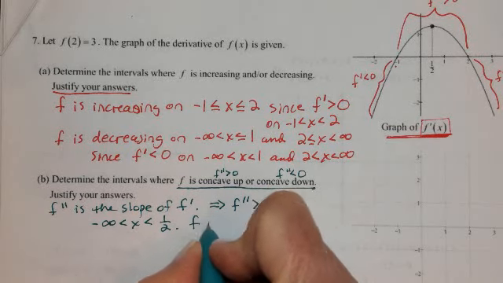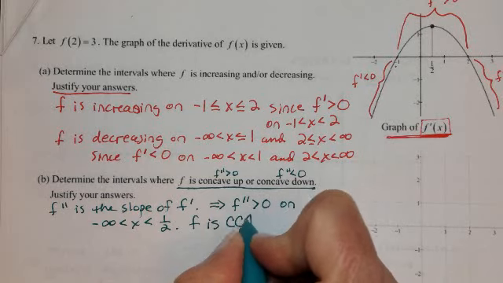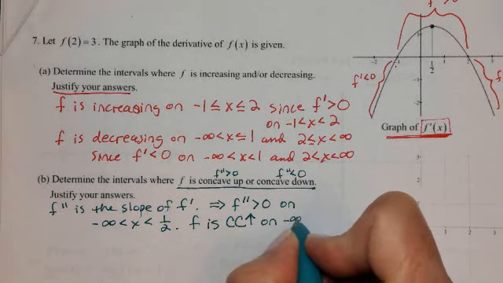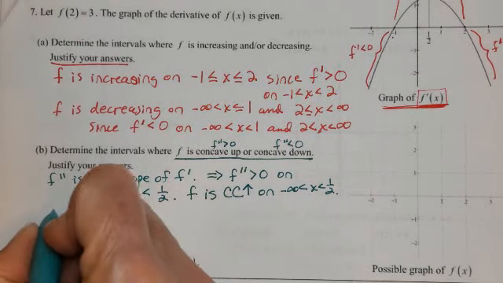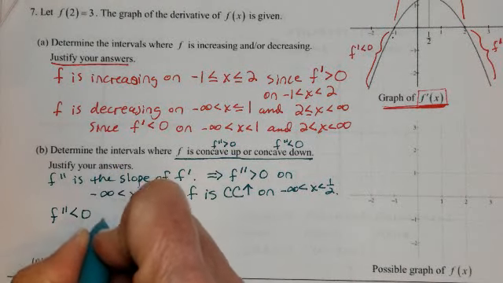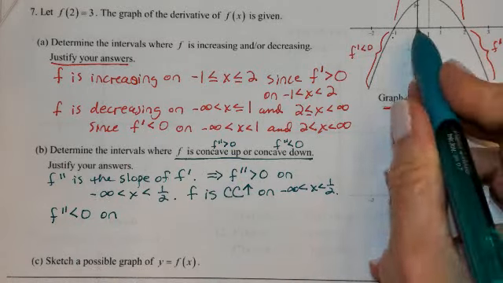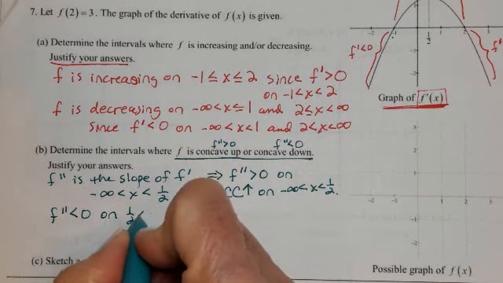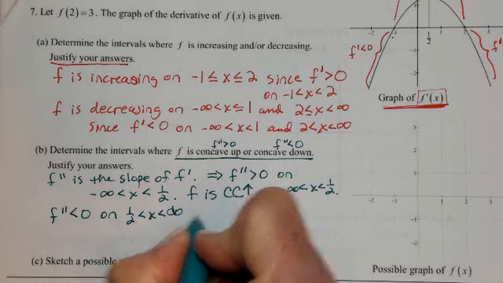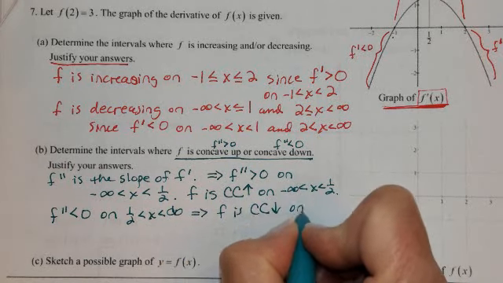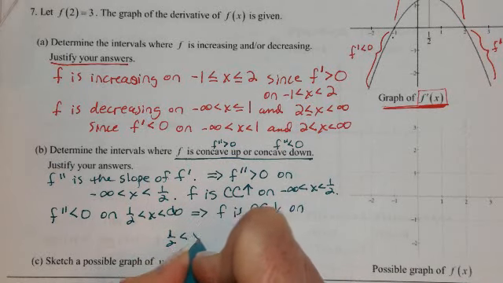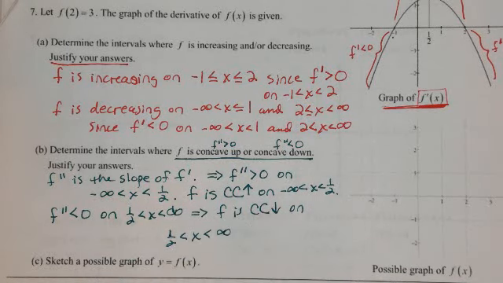Which means f is concave up on -infinity to 1/2. Okay, what about concave down? F double prime is negative on 1/2 to infinity. So f is concave down on 1/2 to infinity.